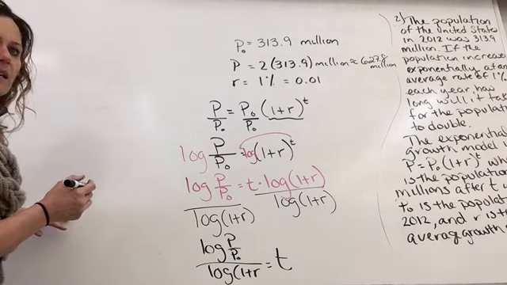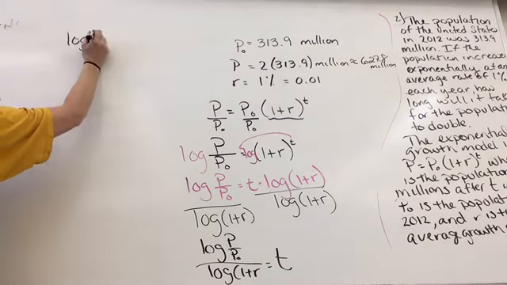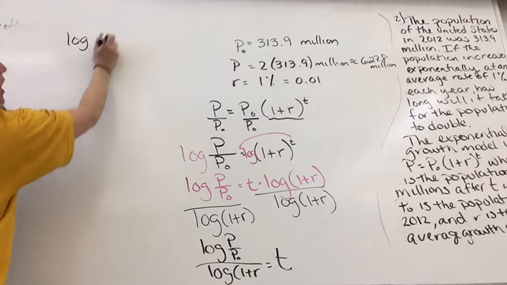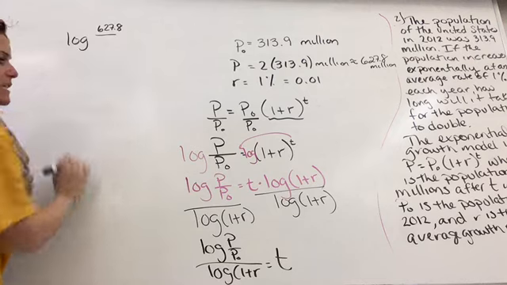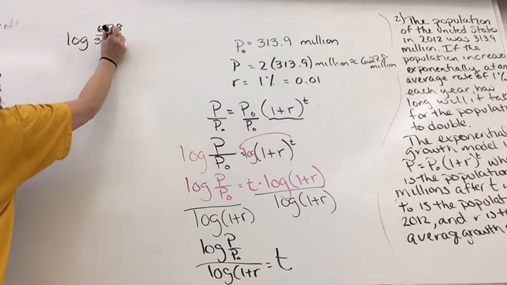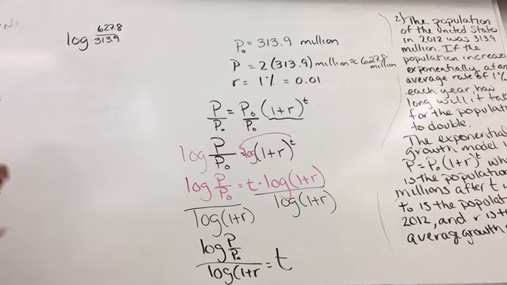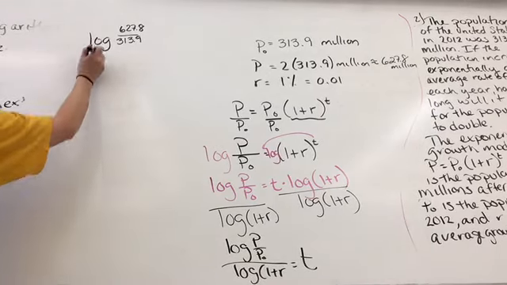So I know that P is 627.8 million, so the log of 627.8 divided by the log of P sub naught, which is 313.9. These are both in millions, so the millions cancel out here. Let me see if I can move this over so you guys can see it.